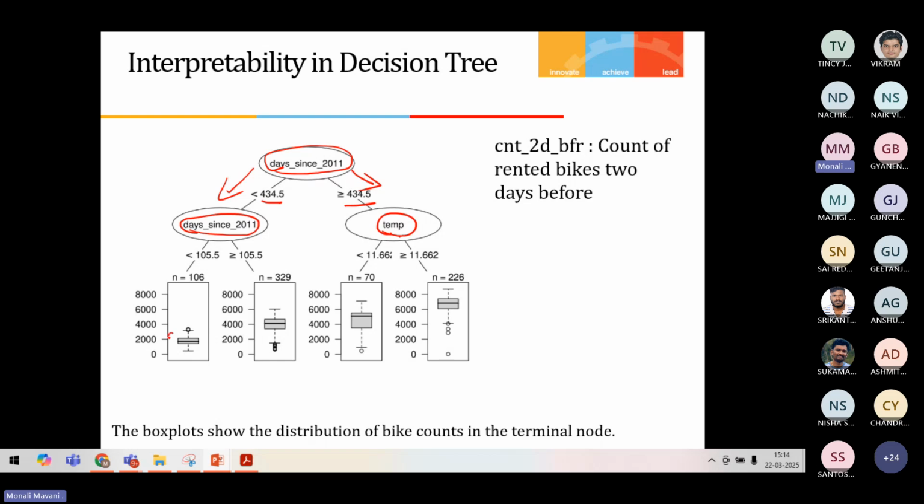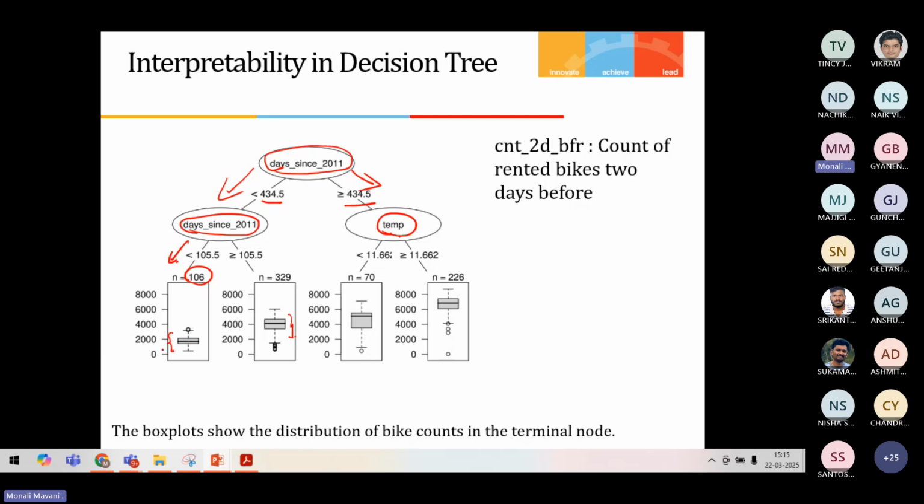And we can draw this box plot here. So this box plot tells us what the data distribution is. There are 106 points in this branch, which tells us how many bikes.